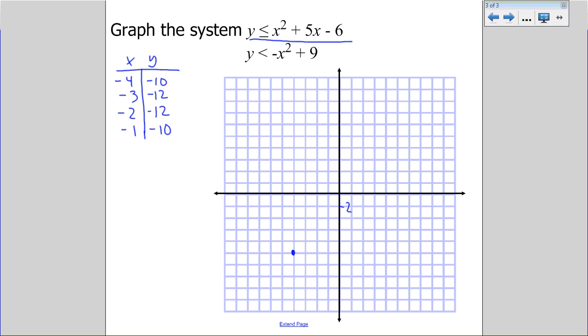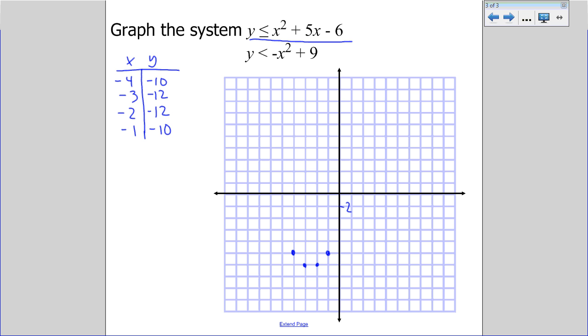So this is -4, -10. I need to graph -3, -12. So I'm graphing -3. -12 is just one more down. And now I just have the repeats. I just have reflections. So -2, 12, and -1, -10.